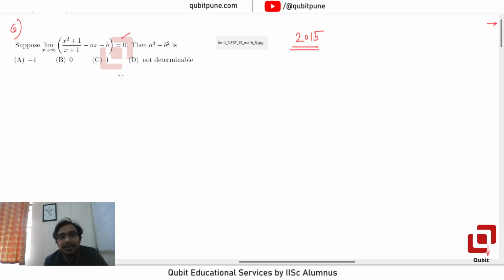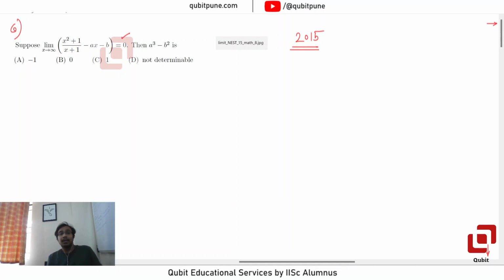Then a cube minus b squared is negative 1, 0, 1, or not determinable. Not determinable could also be an option here, because it may appear that we have only one equation at our disposal and two unknowns, a and b. But don't mark it, because unless we solve it, we will never come to know.